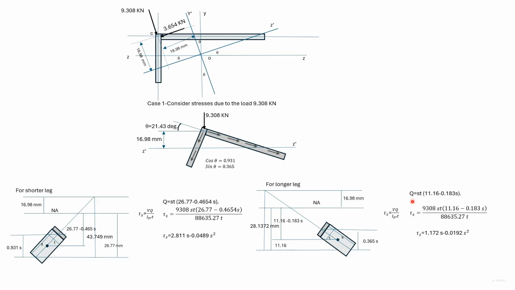Q again is area into centroidal distance. Tau S is VQ divided by IT, and V is this load, and I is I z dash. So we get this expression of tau S for the longer leg.